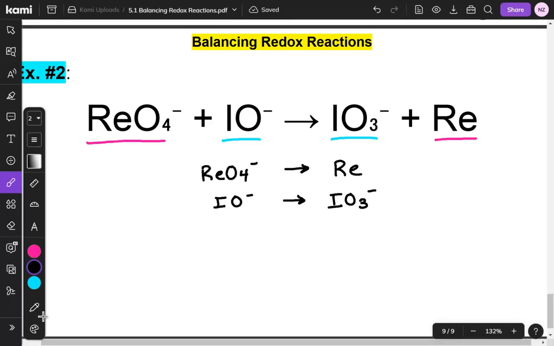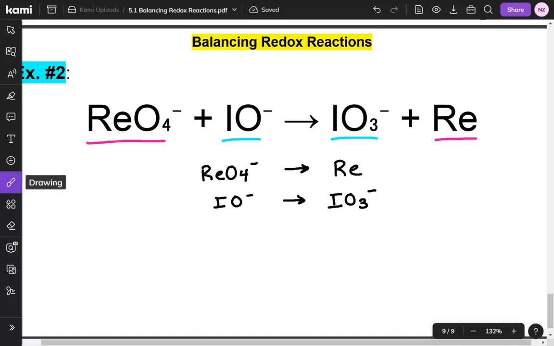Okay. The second step is to balance things other than hydrogen and oxygen. So in my first half reaction, I have 1 rhenium on both sides. In my second half reaction, I have 1 iodine on each side, so we're already balanced.